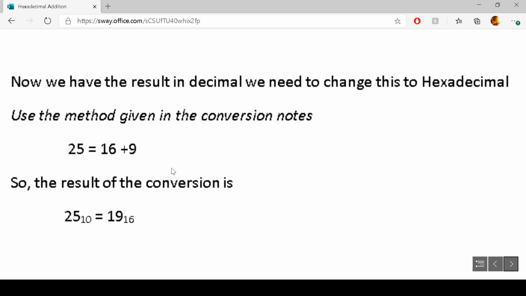So on the conversion itself, because I've got one 16 here, the value is 1, and then I have got 9 units, so the value is 9. So 25 decimal is equal to 19 hexadecimal. If you prefer to use the conversion notes that you've been given, then please do so.